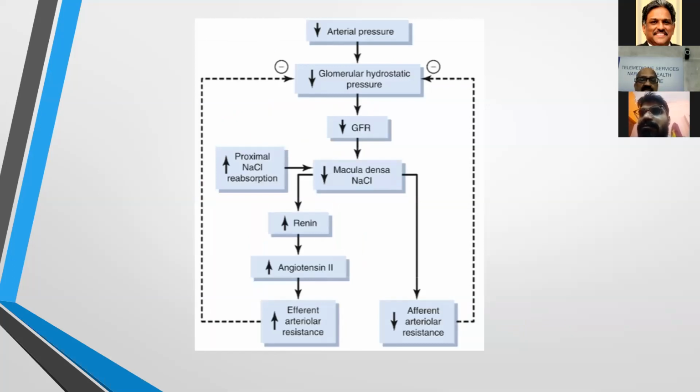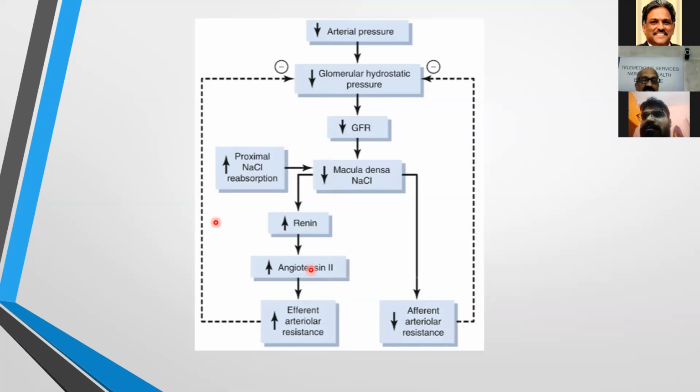Whenever there is a fall in the blood pressure, the glomerular filtration reduces, and there is decreased sodium chloride concentration, which increases the renin levels. Renin acts upon angiotensinogen to convert it to angiotensin 1, which is converted to angiotensin 2 by the angiotensin converting enzyme.